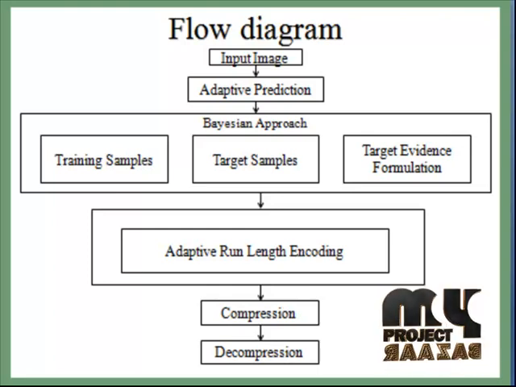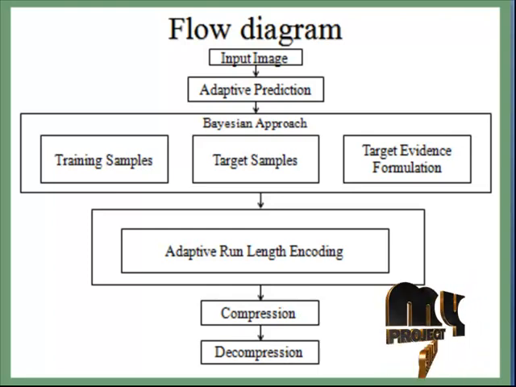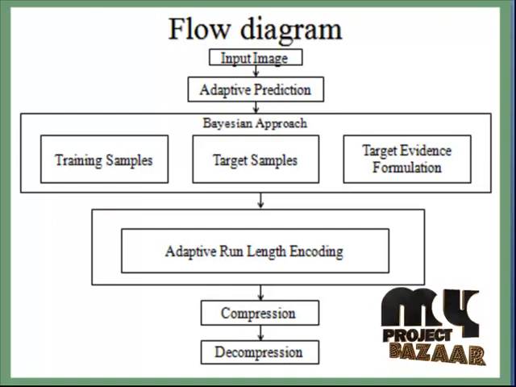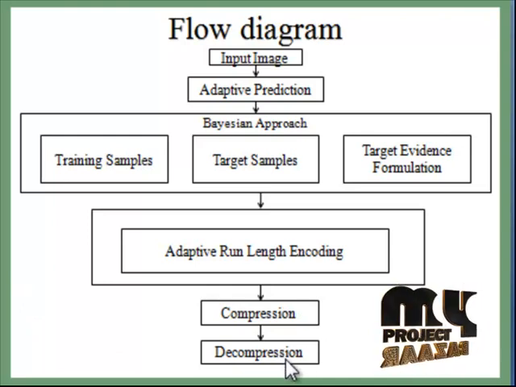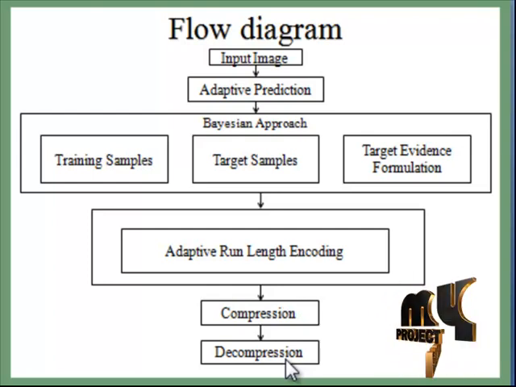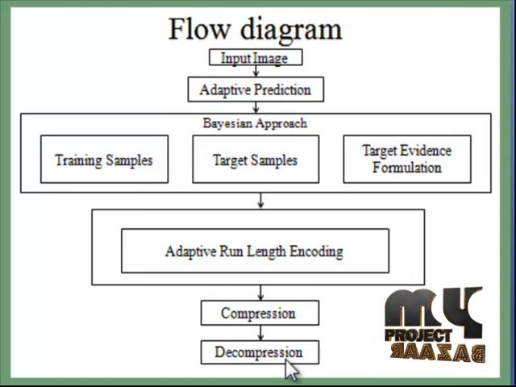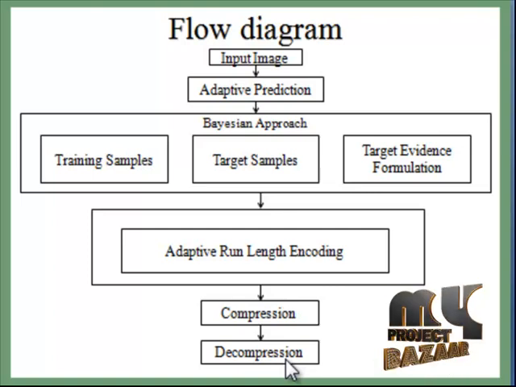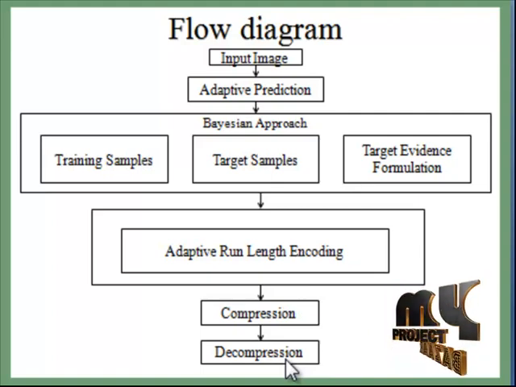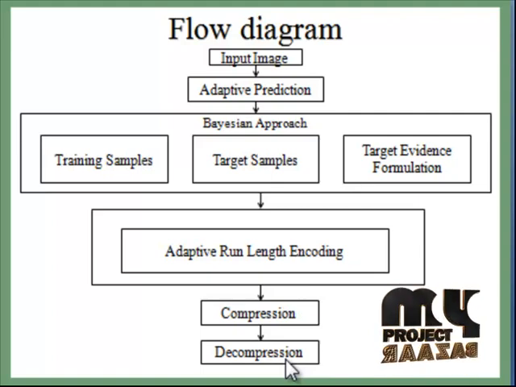Adaptive run length encoding is used to compress the input image after the Bayesian prediction, and the final process of our flow chart is decompression. Decompression is the reverse process of encoding, retrieving the output image. This is an efficient process to retrieve the output image.